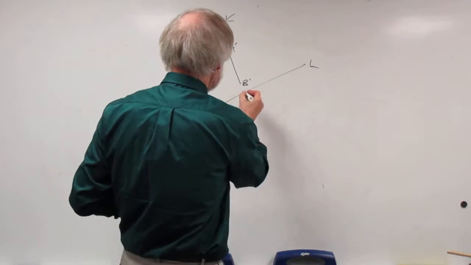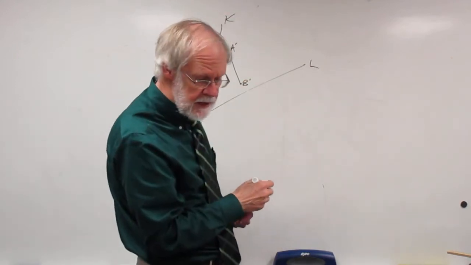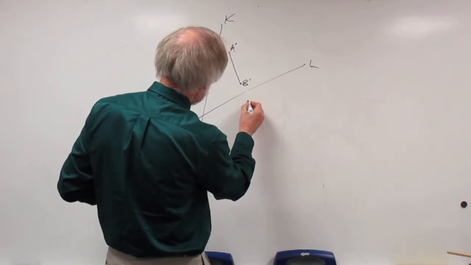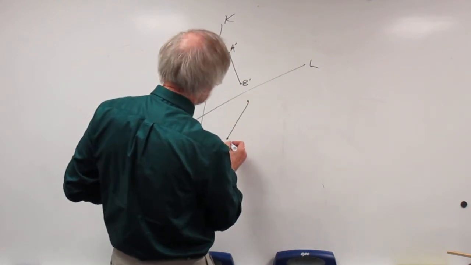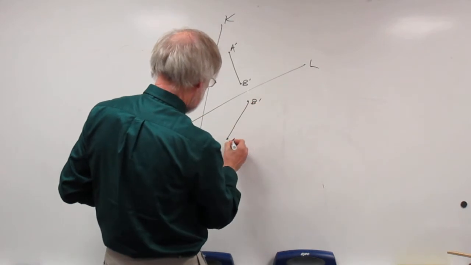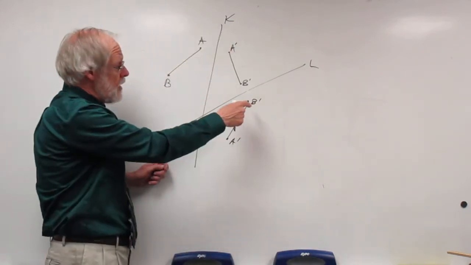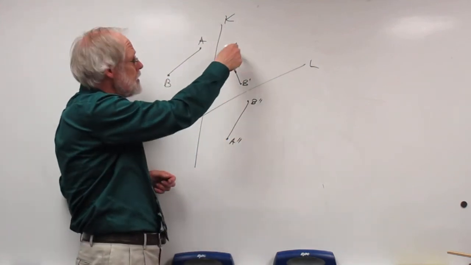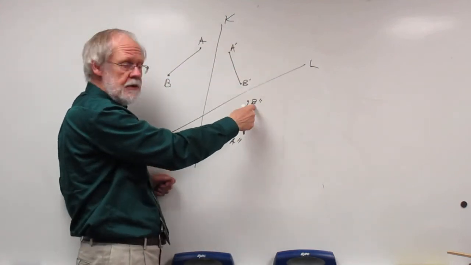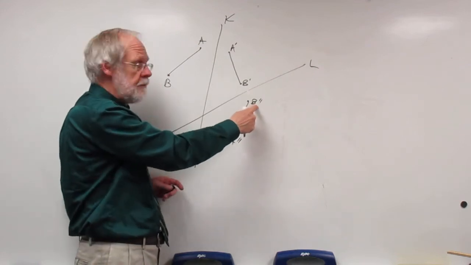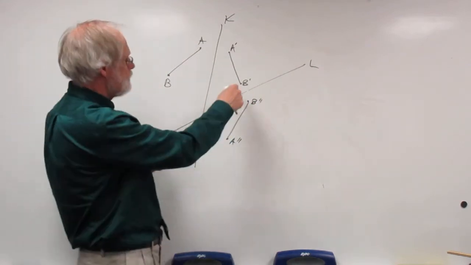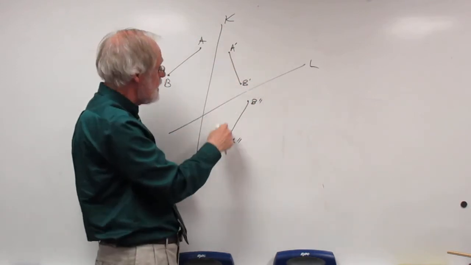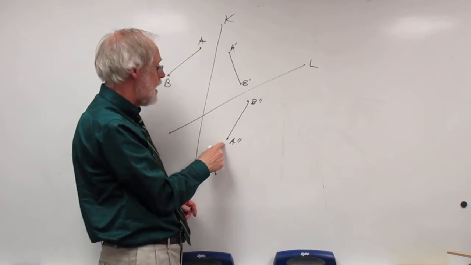All right, now I want to take that and do the same thing with it, but I want to reflect it down here like this. Now this should be double prime. The first reflection you get to A prime, B prime. The second one you get to A double prime, B double prime. But notice what's happened here. This B reflected across close to the line, and this A reflected across far away from the line.